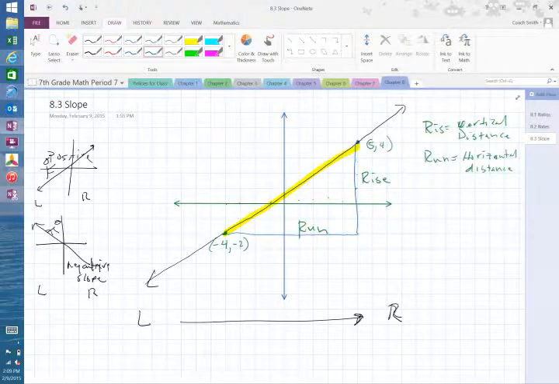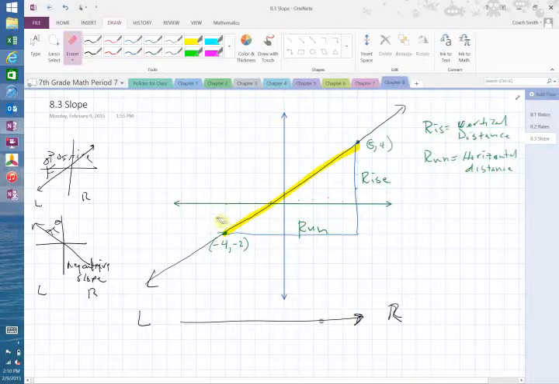I went to the left 4, so it's negative. I went down 2, so it's negative. That's from chapter 6, coordinate plane.